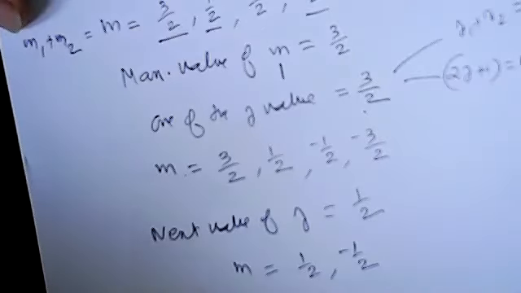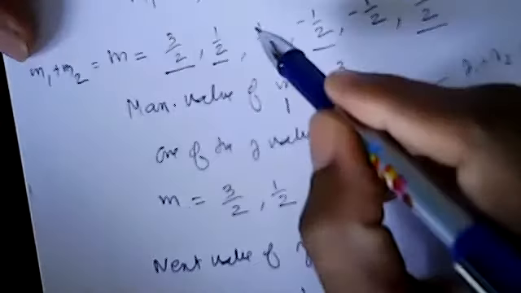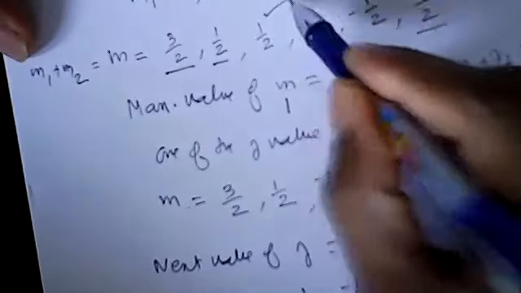Corresponding to these 4 values. Now corresponding to these two m values, we have half and minus half. So this is the way of finding the j values.